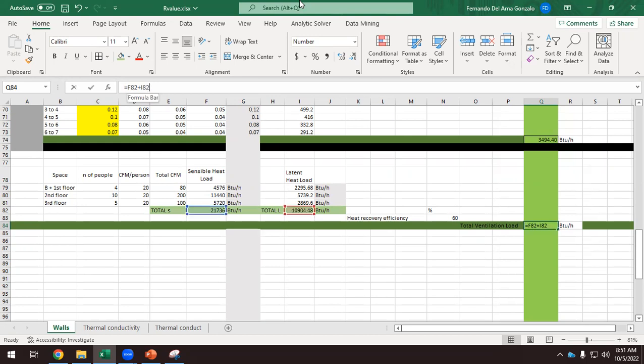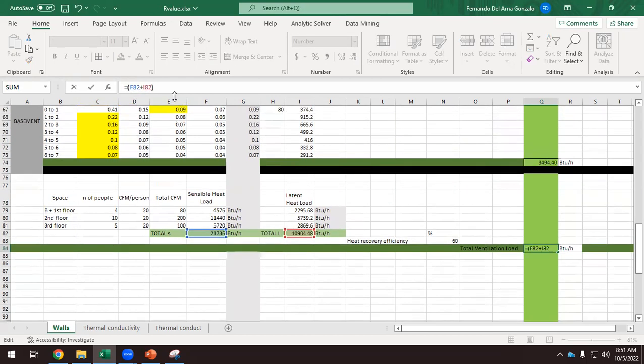If I change this formula, so this is the total sensible and heating loads, and I have to subtract this minus the efficiency, and the efficiency is this divided by 100.